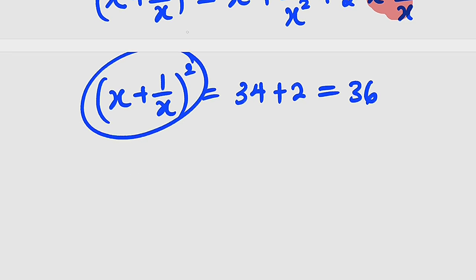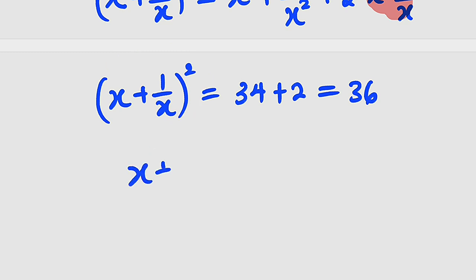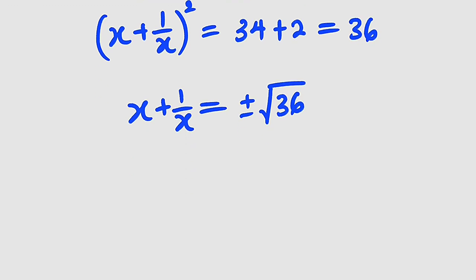Taking the square root, that will give us just x plus 1 divided by x, equal to plus or minus the square root of 36. And the square root of 36 is equal to 6. So we have x plus 1 divided by x equal to plus or minus 6.